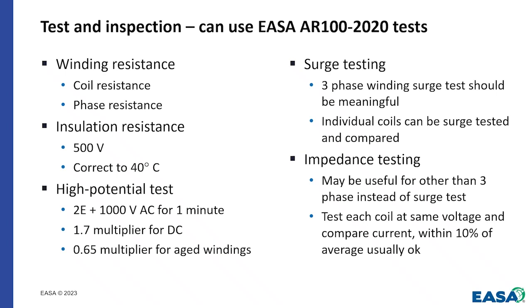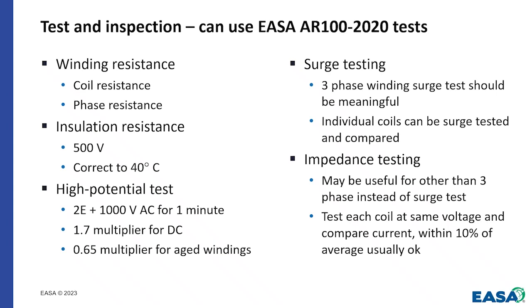Insulation resistance test: use the 500-volt megger for the voltage class you'll be dealing with here and correct that value to 40 degrees C. New windings need to be hypot tested at twice rated plus 1,000 for 1 minute, or 70% above that for the DC test. If you're refurbishing one of these machines and need to hypot it, you'd use a 65% multiplier for aged windings as long as they're clean and dry.